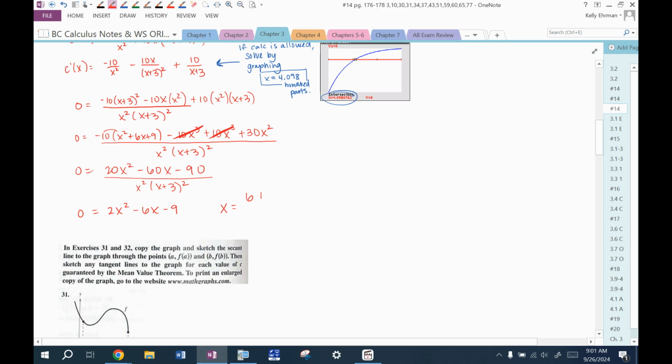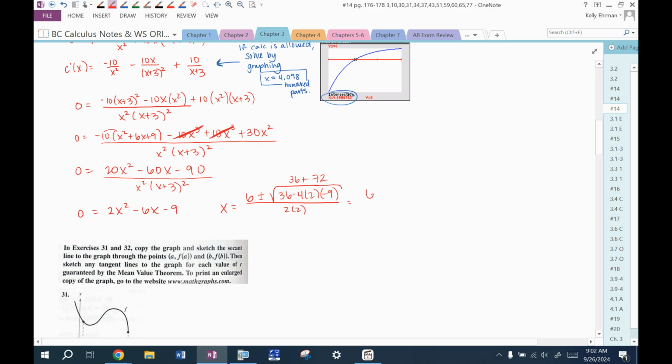So 6 plus or minus the square root of 36 minus 4 times 2 times negative 9, all over 2 times 2. This is 36 plus, because there's a negative 4 times a negative 9, plus 72, right? 8 times 9.